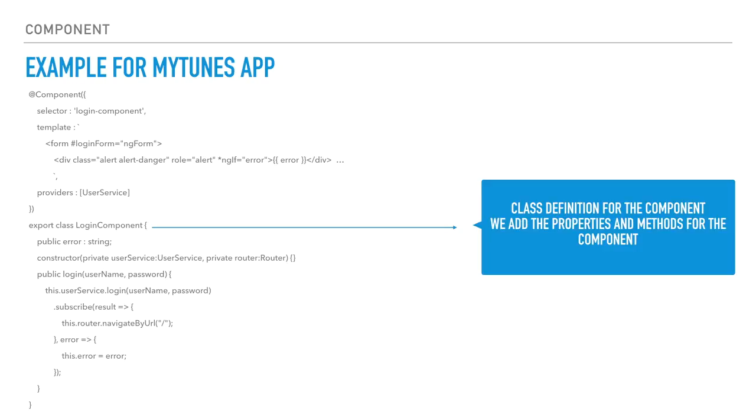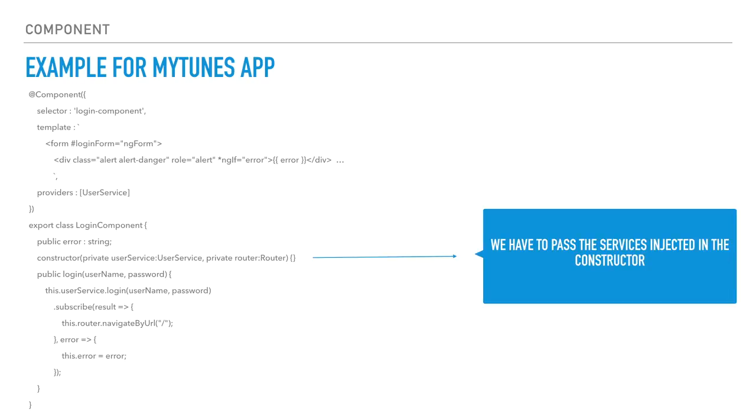Up to here, it was just the decorator to define how this component should behave inside Angular. And from there, we have just standard TypeScript code. So we have a constructor. This is super important. At this point in the constructor, we have to tell this component which elements we have to inject from outside. So in this case, we are telling this component, okay, you are going to receive a service, named userService, as a variable.